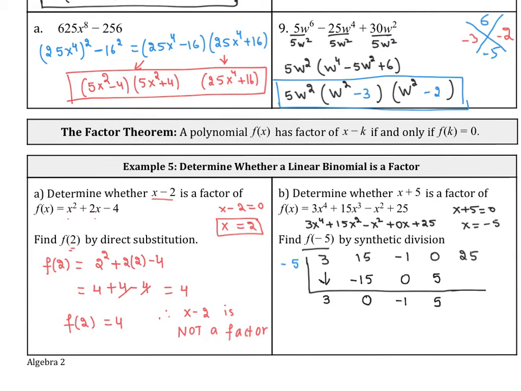And now we're going to multiply this 5 with -5, and that gives us -25. And you can see that when we add the two numbers 25 and -25, that gives us 0. So it means that x plus 5 is a factor.